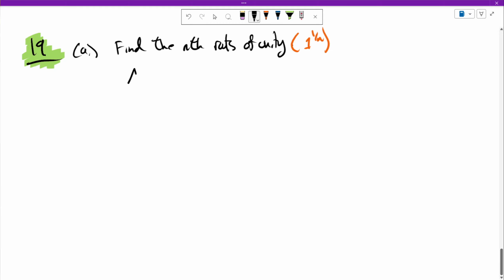So 1 has argument 0, of course, and the modulus of 1 is, of course, 1. So the nth roots, wk, are given by, well, I'm not going to put the modulus to the 1 over nth power because 1 to the 1 over n is 1 as a real number.